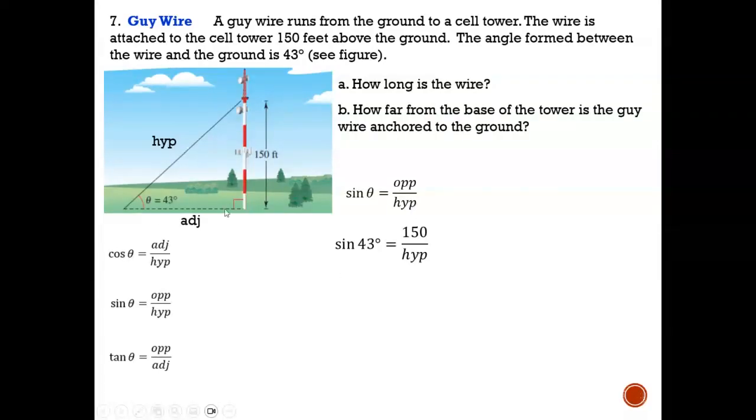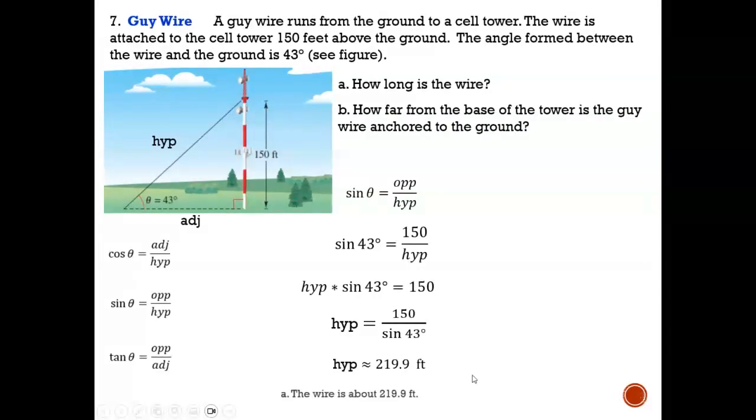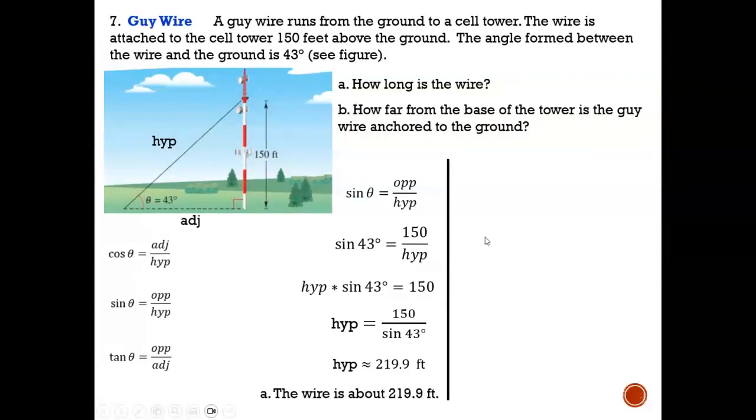Sine theta, we're going to use opposite over hypotenuse, which is going to be 150 over hypotenuse, which is what we're solving for. To get hypotenuse by itself, we end up with 150 over sine of 45. Take your calculators, plug that in appropriately. We should get 219.9, and that would be the length of the wire.